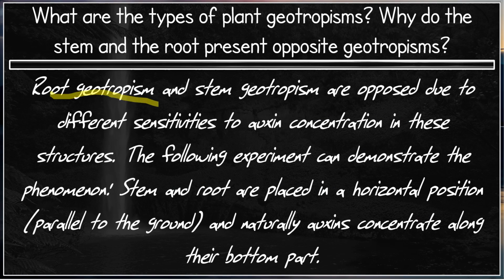Root geotropism and stem geotropism are opposed due to different sensitivities to auxin concentration in these structures.